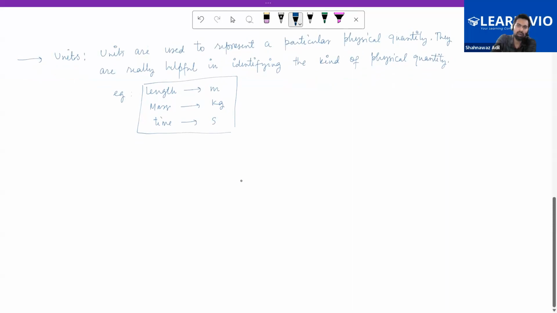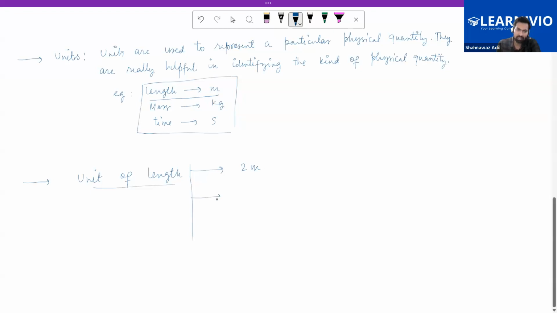So now let us talk about different kinds of units. Let's take the example of length, and let's call it measurement per unit of length. I can represent length in meters, let's say 2 meters.